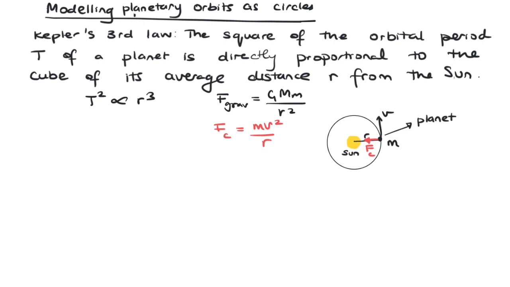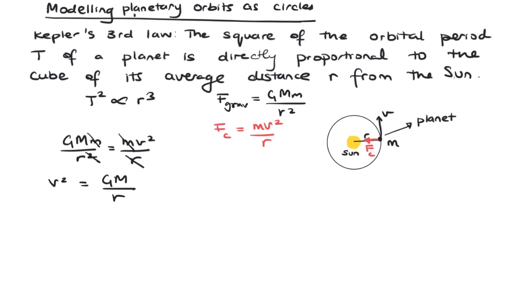So we can say that GMm over r squared is equal to mv squared over r. We can tidy this up by multiplying both sides by r and dividing both sides by m. So we get v squared is equal to GM over r.